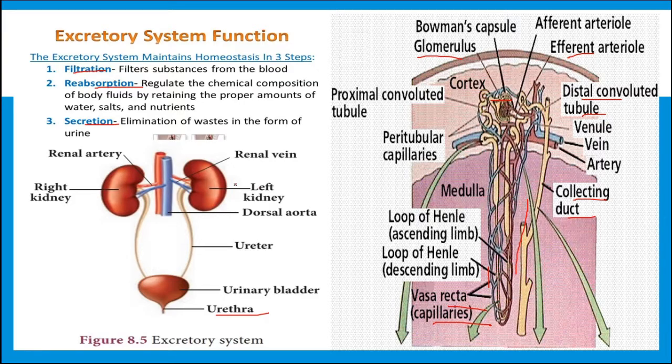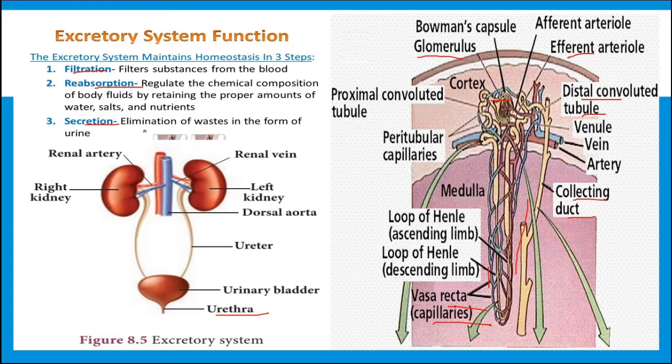At the same time, some of the waste present in the vasa recta, the blood capillary, has to be eliminated outside the body. That will be secreted into the tubule, and that phenomenon is known as secretion. So, in this way we can see three steps: ultrafiltration, reabsorption and secretion. All these result in the formation of urine.